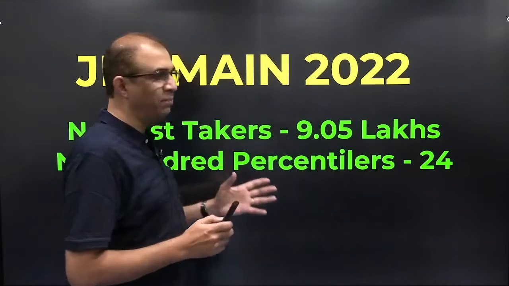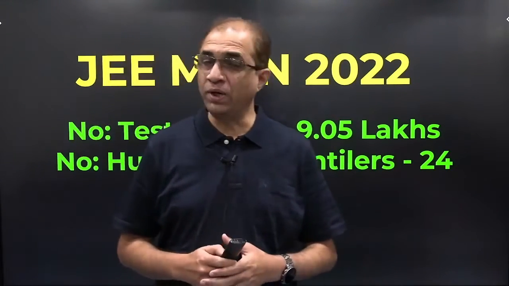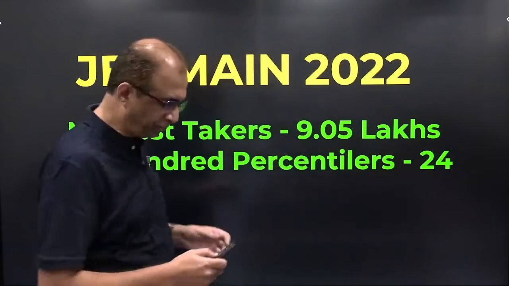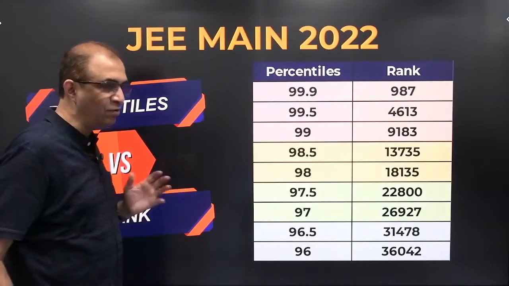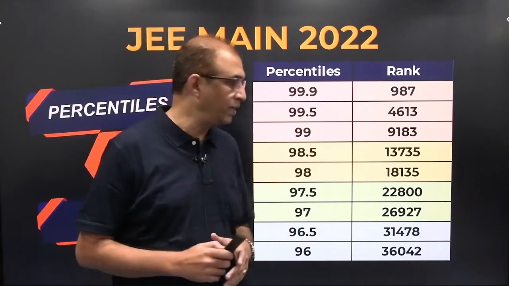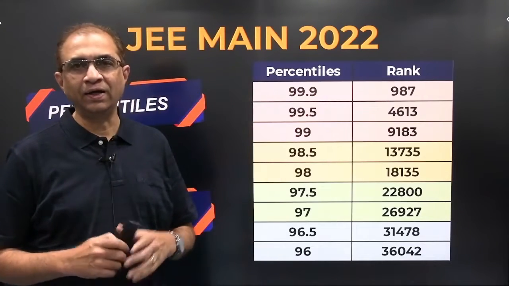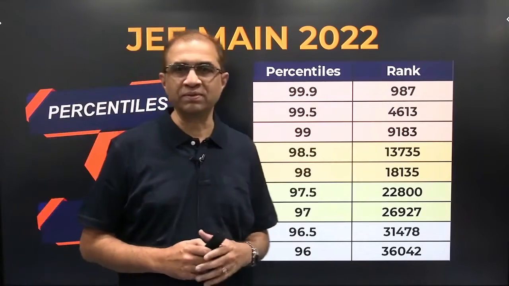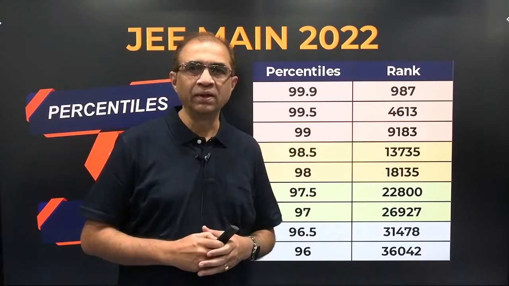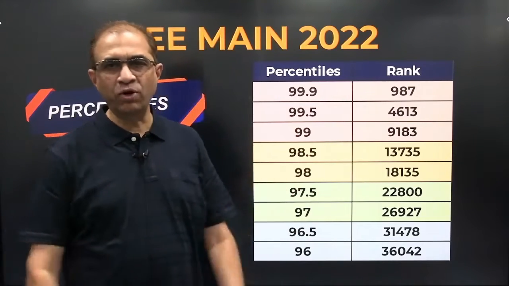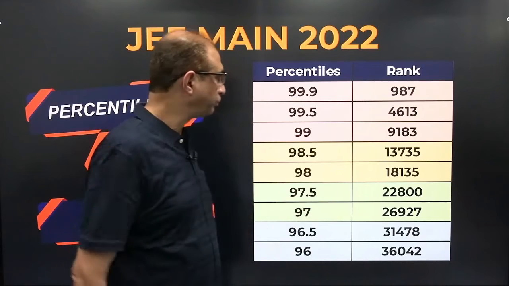And we all know the number of 100 percentilers, 24 this time. And now let us look at the most important thing. Again, let me warn you that these are all approximations based on data we've collected, but they are reasonably good approximations, just to give you an idea.